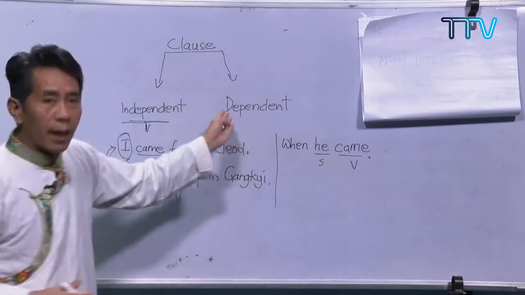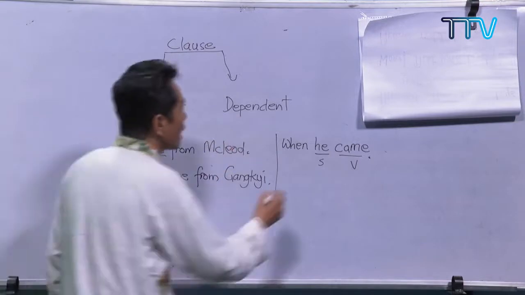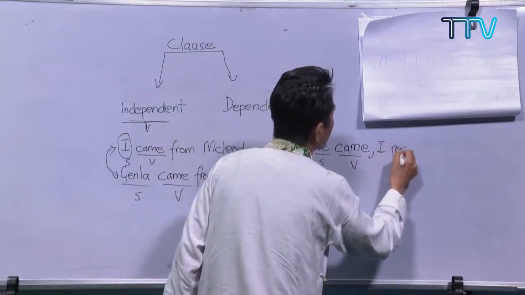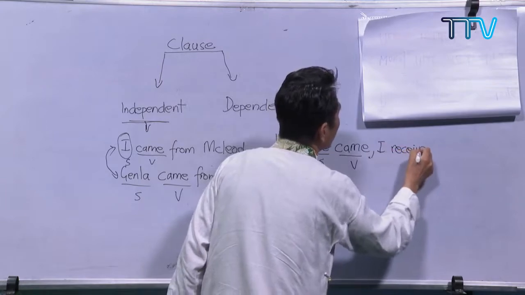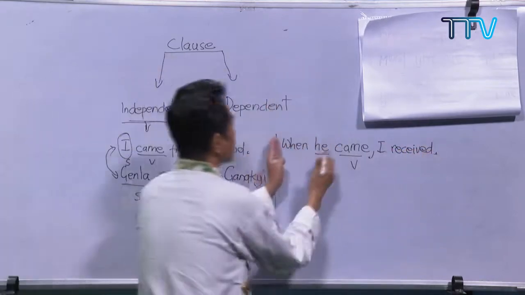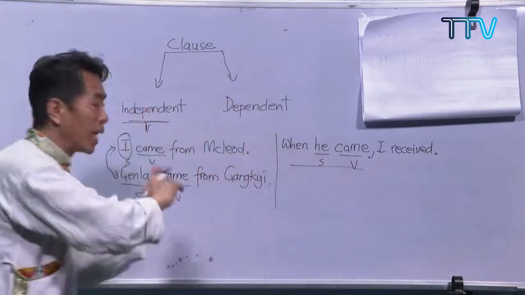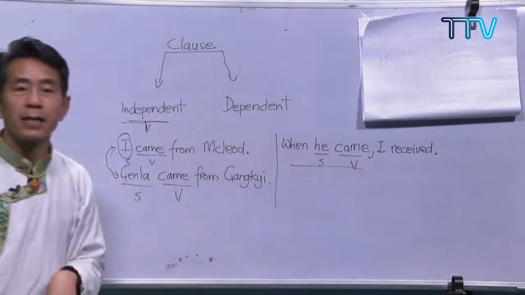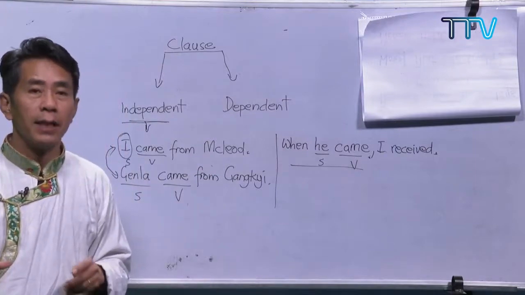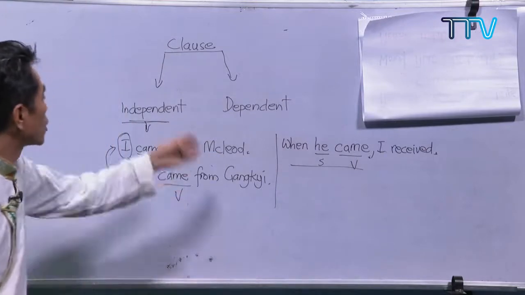That's why it is called dependent. "When he came, I received." Now it makes complete sense. So this clause, when he came, has to depend on another sentence in order to make a complete sentence. You got it? So this is dependent.